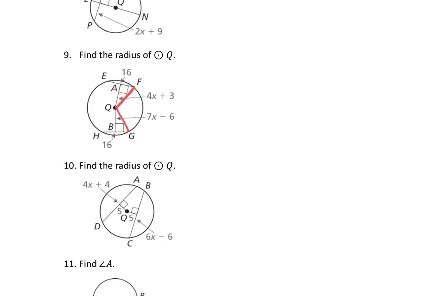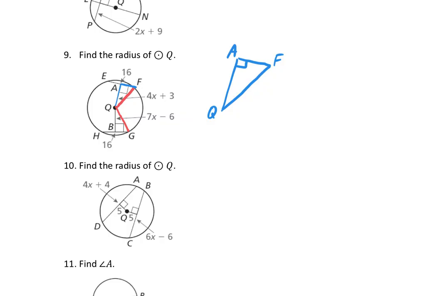And then you're going to pick out one of the triangles. I'm going to use this triangle right here. And I'm going to label it. I do think that it helps to kind of label. Q is the center, then A, and then F. Okay, we know that EF is 16.